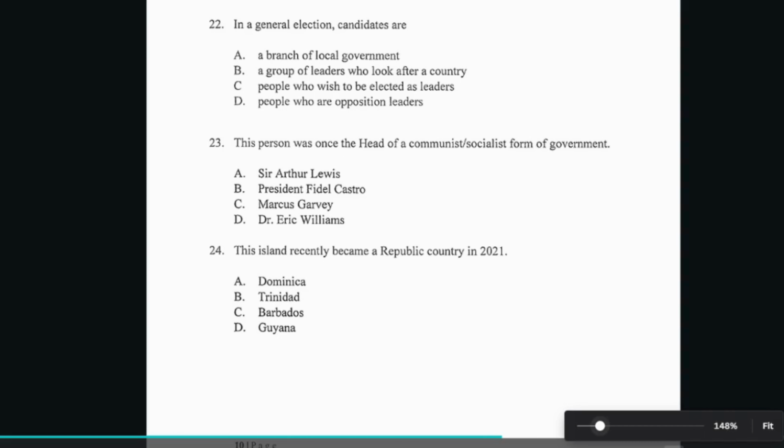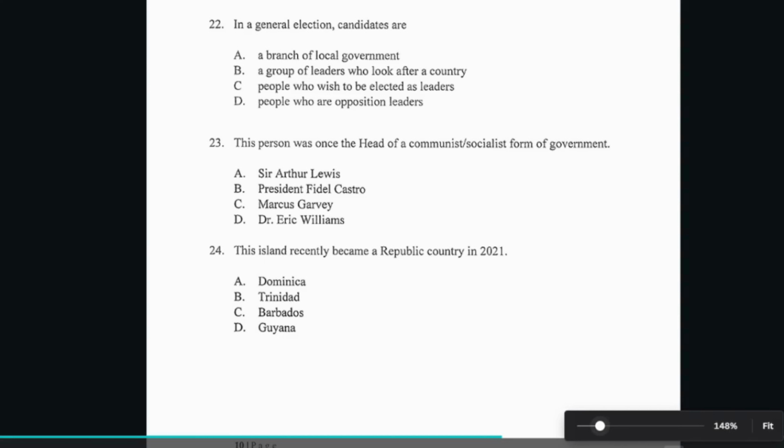Remember, I told you Fidel Castro was a political leader in Cuba for 49 years, 1959 to 2008, and he transformed Cuba basically into the first communist state in the Western Hemisphere, and he became a communist revolutionary in Latin America as well. So yes, the answer for number 23 would be B.